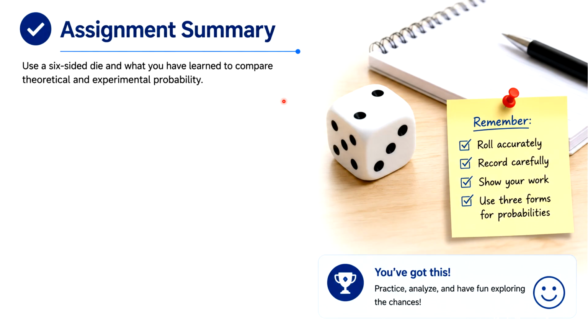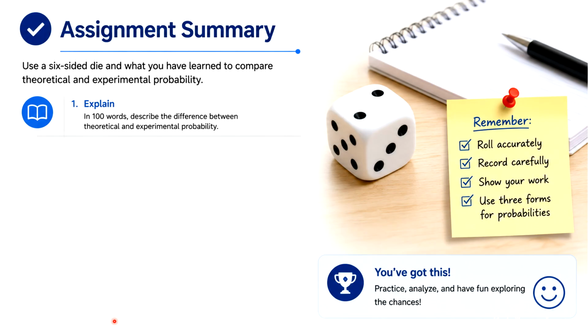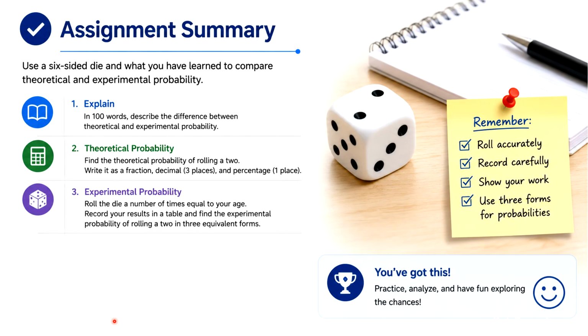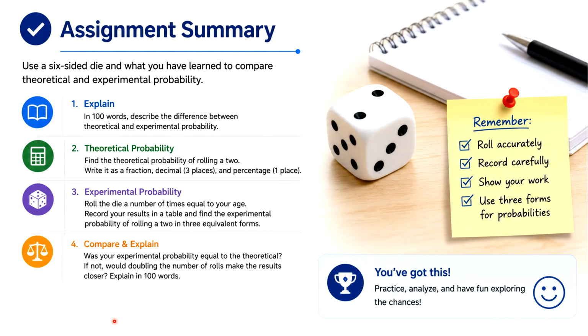Before submitting your assignment, make sure you have completed every section. Check that you have written your first explanation in about 100 words, completed the theoretical probability question in all three forms, rolled the die the correct number of times, filled in your data table completely, calculated the experimental probability in all three forms, and also written your final explanation in about 100 words.